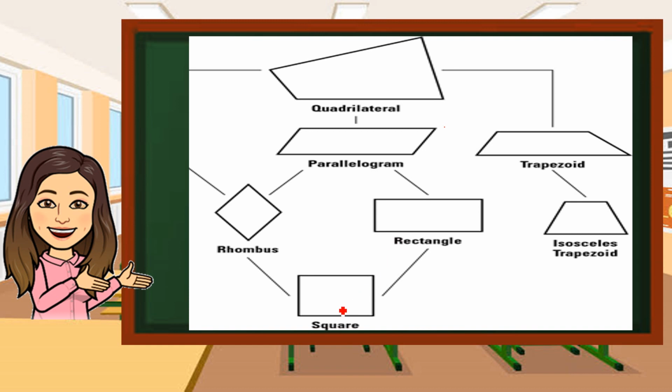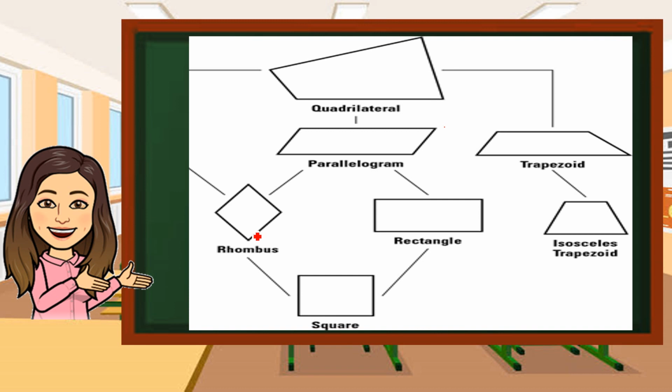And a parallelogram with all sides that are congruent, or with the same size or length, is a rhombus. However, the angle is what?